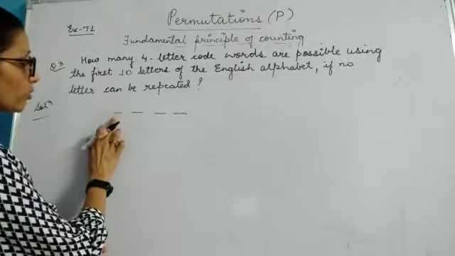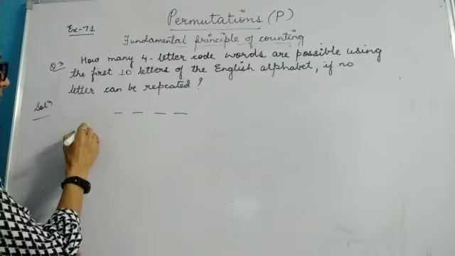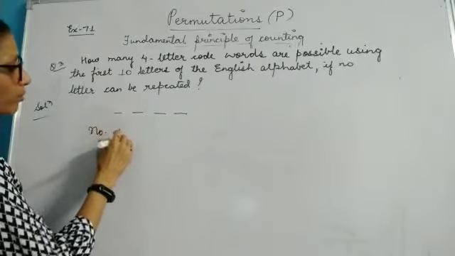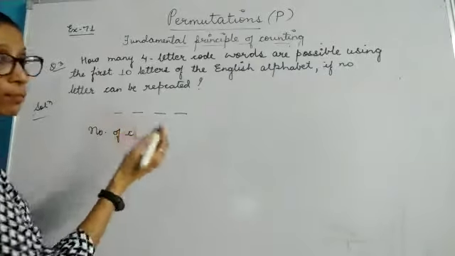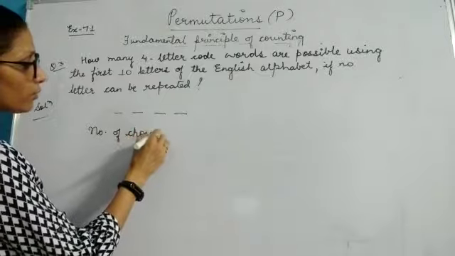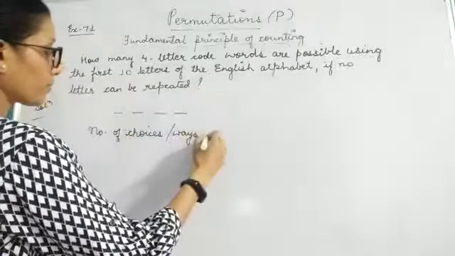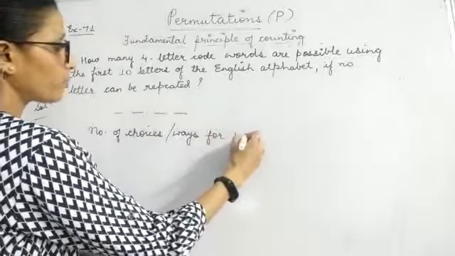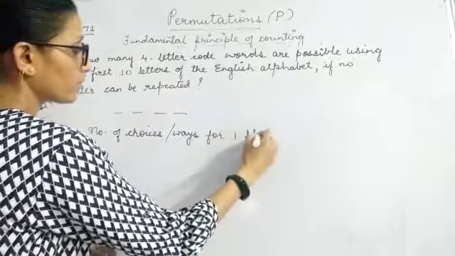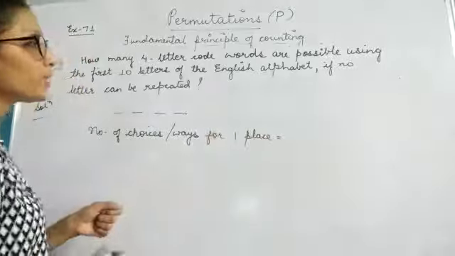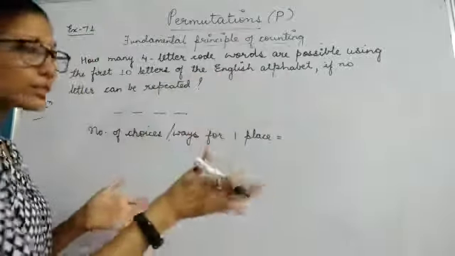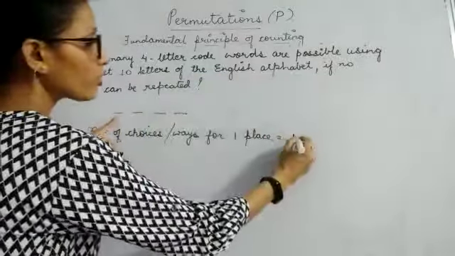You have to find out the number of choices for this. So I will be writing number of choices or number of ways for first place. First place will be equal to, you have 10 letters, so this will have 10 choices.